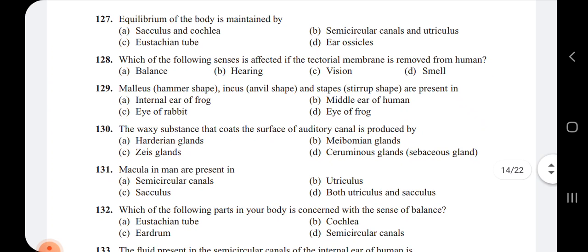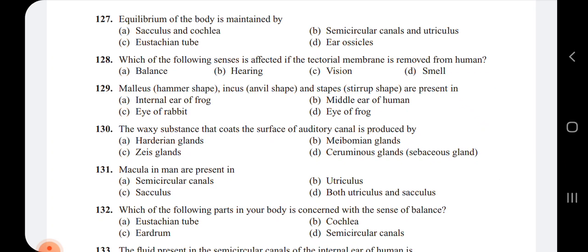Next question. Which of the following senses is affected if the tectorial membrane is removed from a human? When the tectorial membrane is removed, there will be disturbance with respect to hearing. Why? Whenever sound waves are received, the hair cells bend and touch the tectorial membrane.